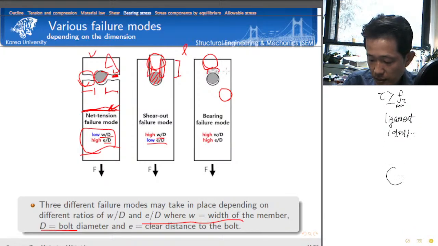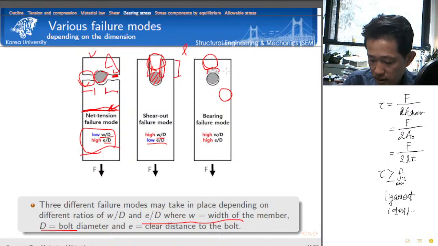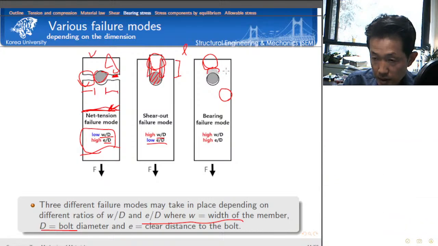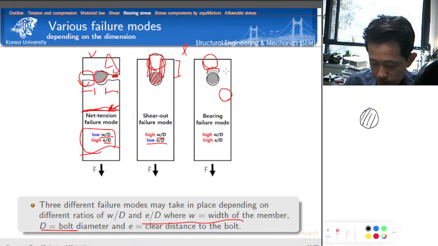So if you have a bolt, there must be a hole like this. Let's imagine the shape of deformation.